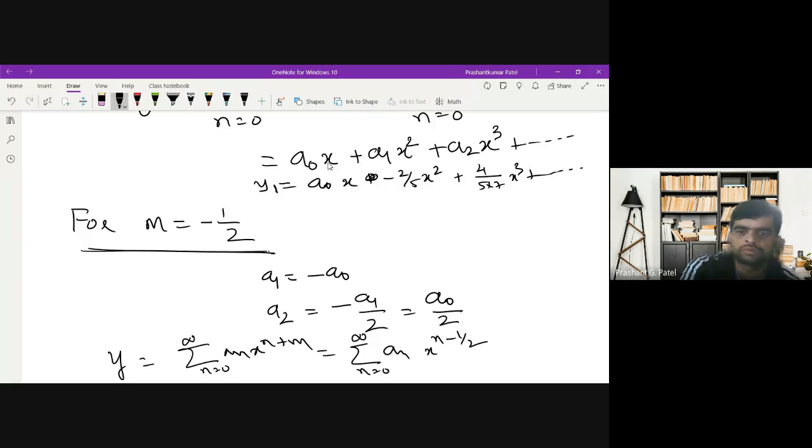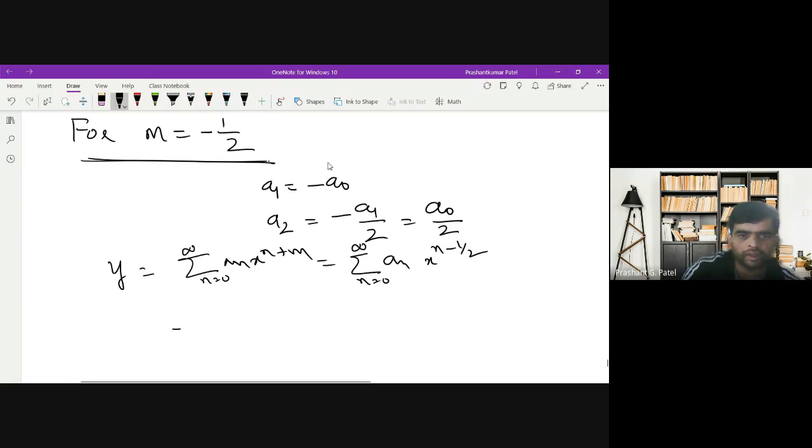So when I have a0 into x raised to minus 1 by 2 plus a1 x raised to 1 minus 1 by 2, that is 1 by 2, plus a2 x raised to 2 minus 1 by 2, so it is 3 by 2, up to so on.